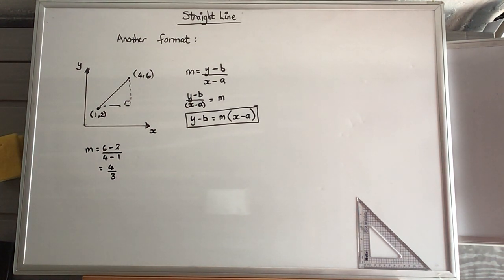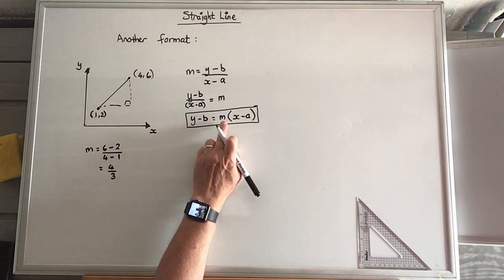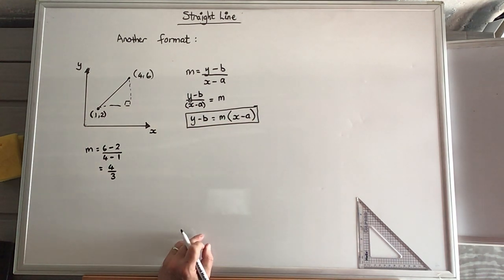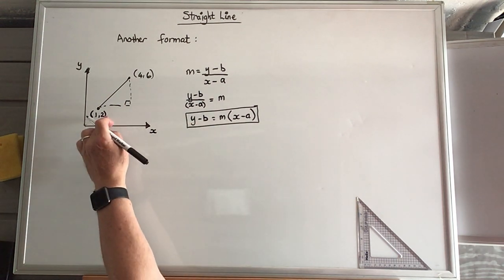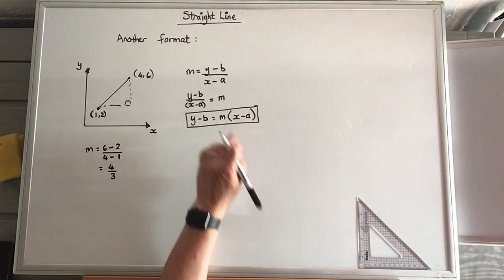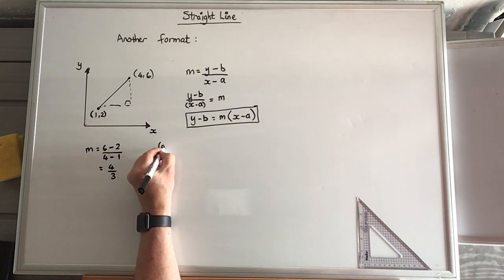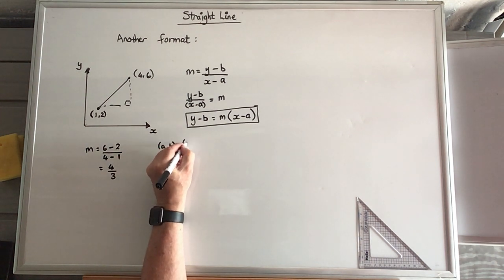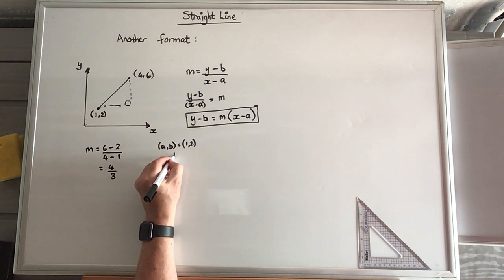Now, how do we use this formula then? Well, the gradient, straight right in, so we've got that. And my a and b here are just coordinates. So pick any coordinate we want to make a and b. I'll just make it (1, 2). So just to make it a wee bit clearer, my (a, b) in the equation is equal to (1, 2), and we know the gradient, 4 over 3.